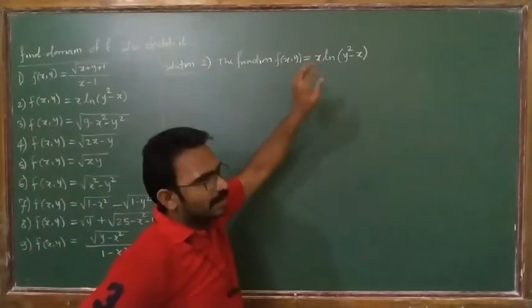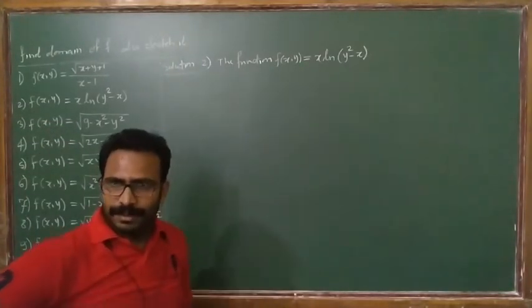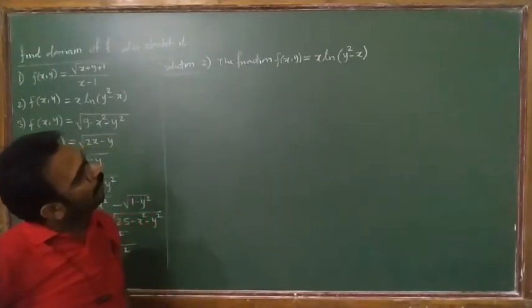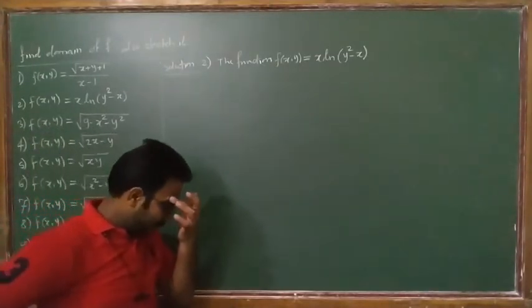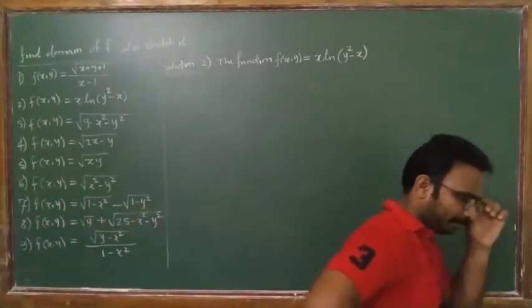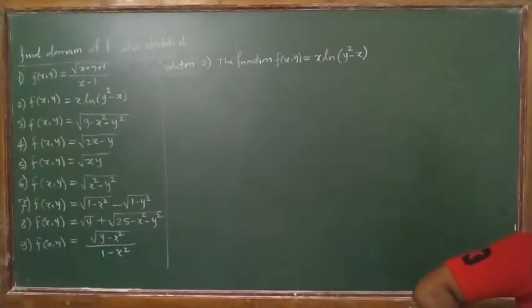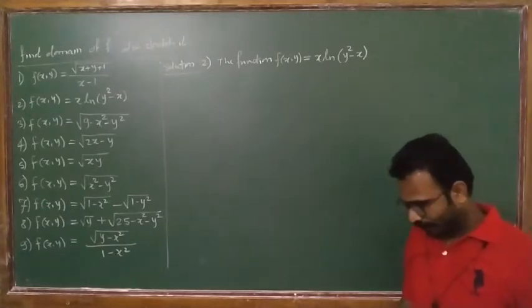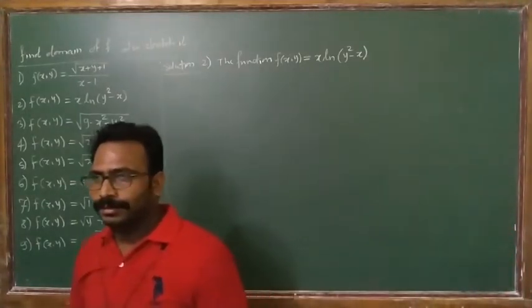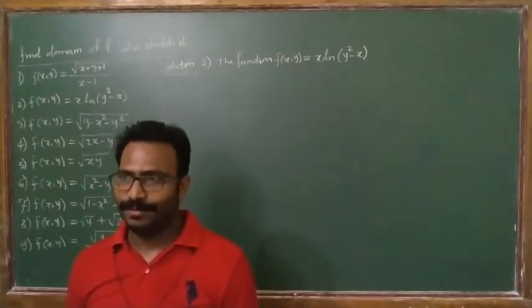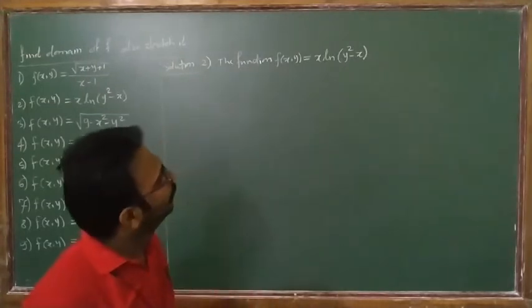So x is defined everywhere, ln of y square minus x. So the logarithmic function depends on the domain of the logarithm, the nature of the logarithmic function.